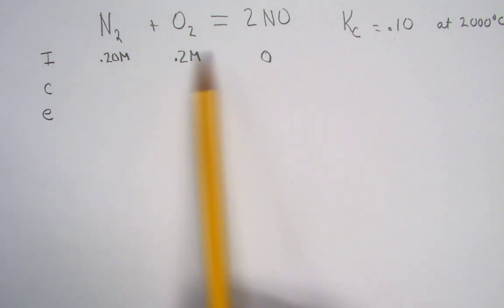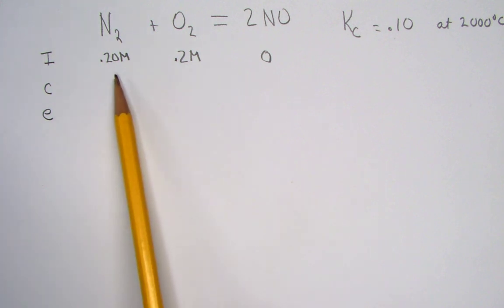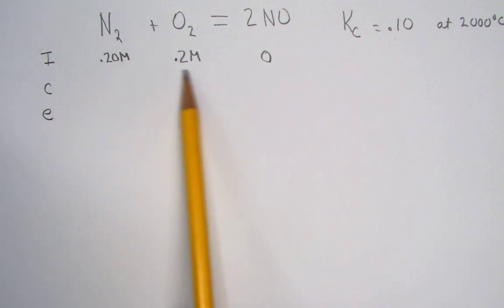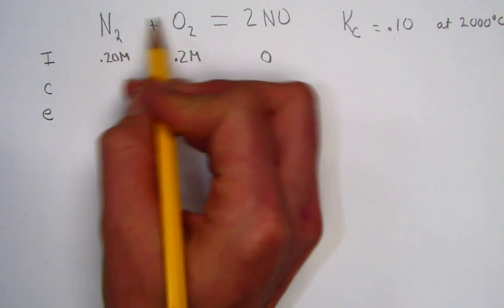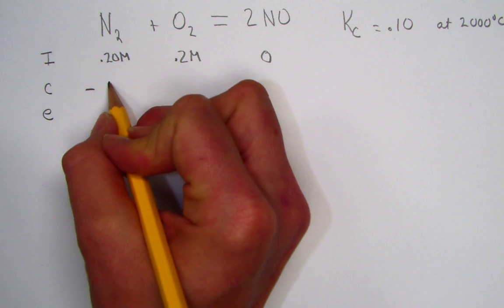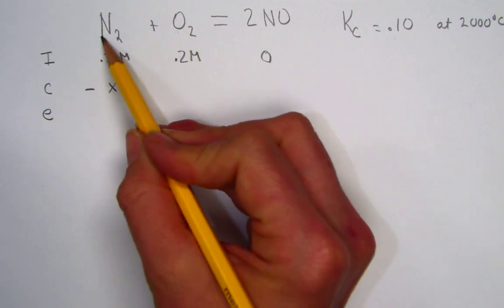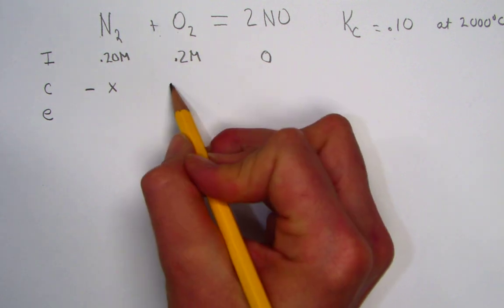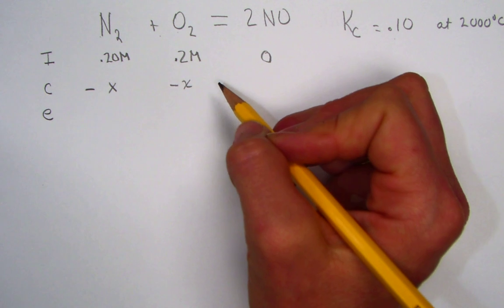If I calculated what's called Q, the reaction quotient, it would indicate a forward direction. Let's suppose, with the stoichiometry involved, that the amount of nitrogen as it's consumed will be called x. Because oxygen is the same 1-to-1 stoichiometric ratio, it would also get consumed in the same amount, minus x.